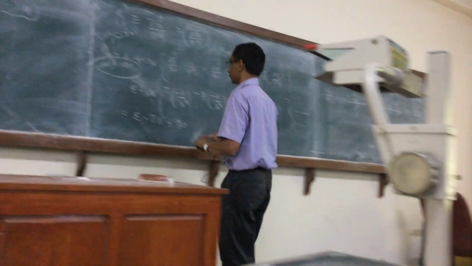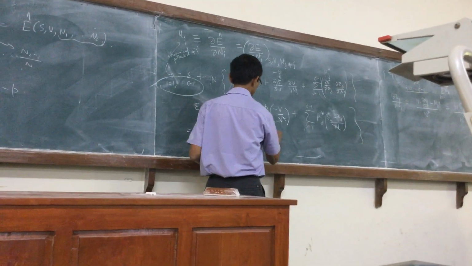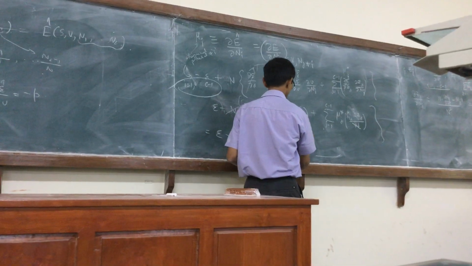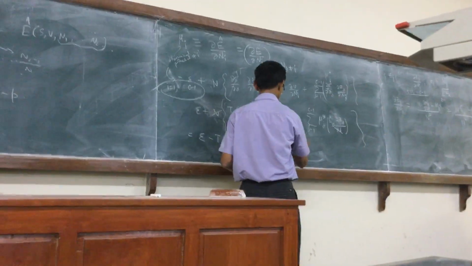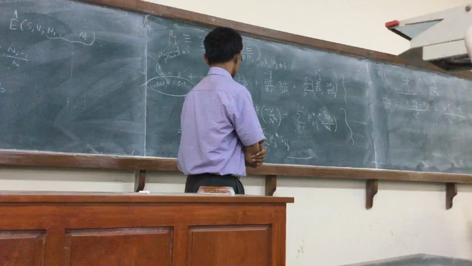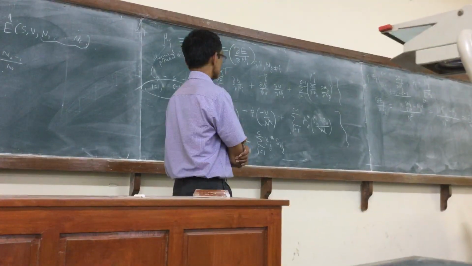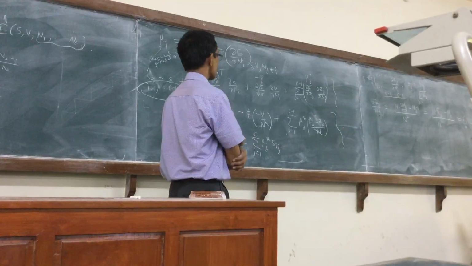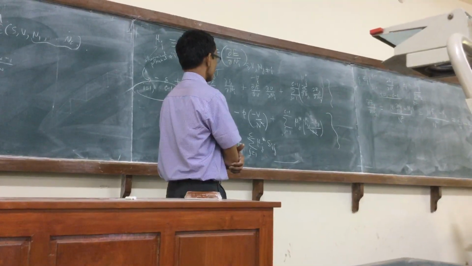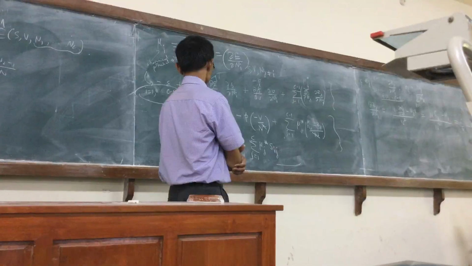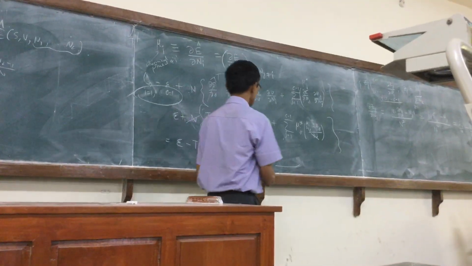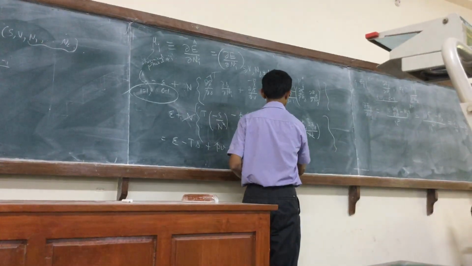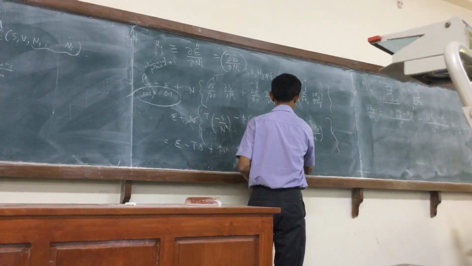Let's get back to this, and what we have is plus sum over j equal to 1 to C of Uj star delta nj minus sum over j equal to 1 to C minus 1 of Zj Uj star.